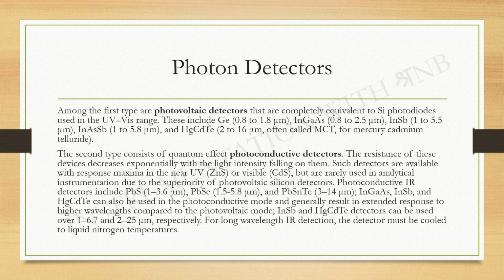In photovoltaic detectors, basically photodiodes with N type and P type create a junction. You can go through my previous video on photovoltaic detectors in UV visible spectroscopy to get a better understanding about these. And the other type are the photoconductive detectors. The photoconductive detectors used in IR are PbS, PbSe.